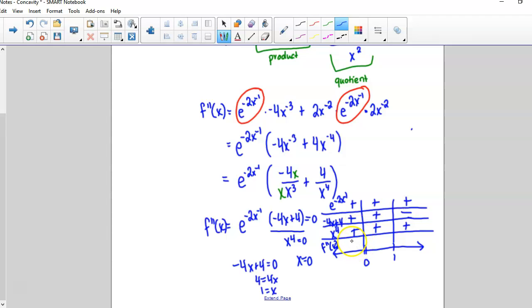So for our second derivative, we get positive, positive, negative. This might be one of the first few that we've seen where signs don't alternate. It's not positive, negative, positive, negative. They do not always alternate, so be careful with that.